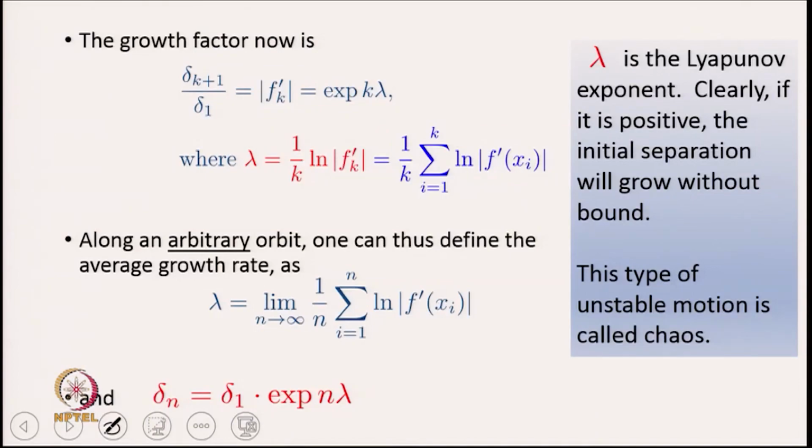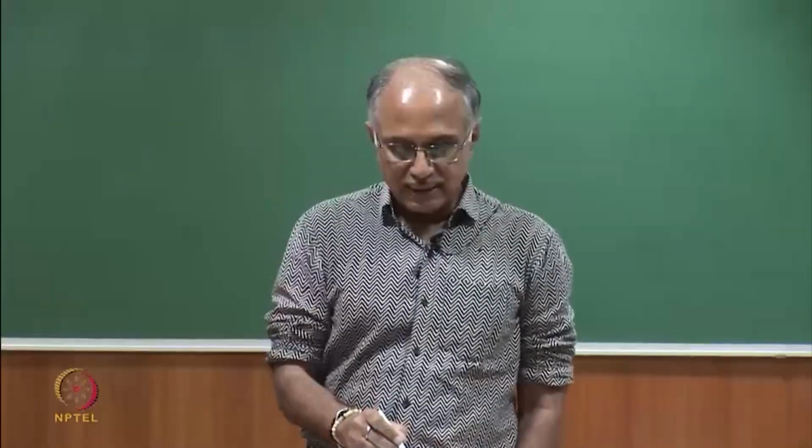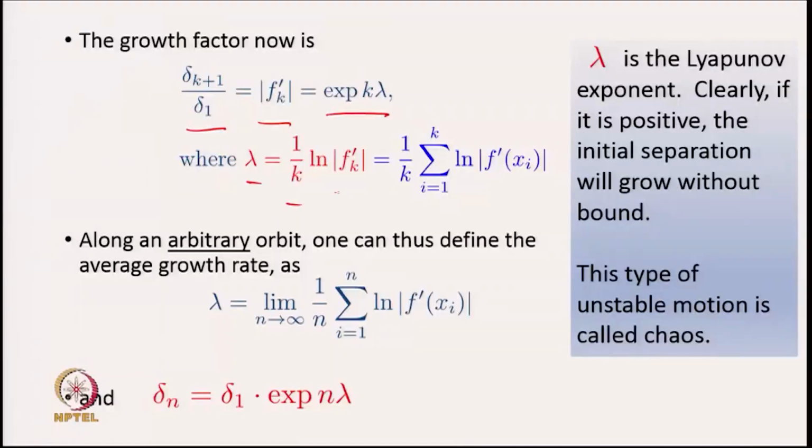Now, the growth factor after k steps is delta k plus 1 divided by delta k, and this is given by the modulus of f prime of k, and I write this as exponential of k times lambda, where lambda now is 1 by k times the log of f prime k.